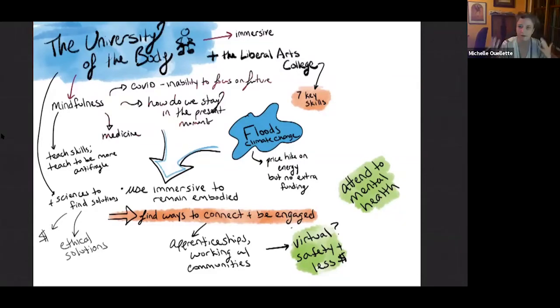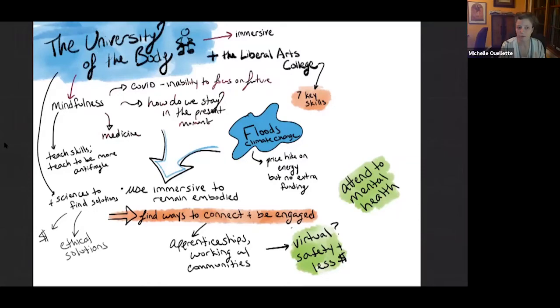So when the floods and climate change came, we continued to look for ways of connecting and being engaged. So apprenticeships, working in the community, some of that may have to be virtual because it would have to be safe. And of course, transportation would be a problem.